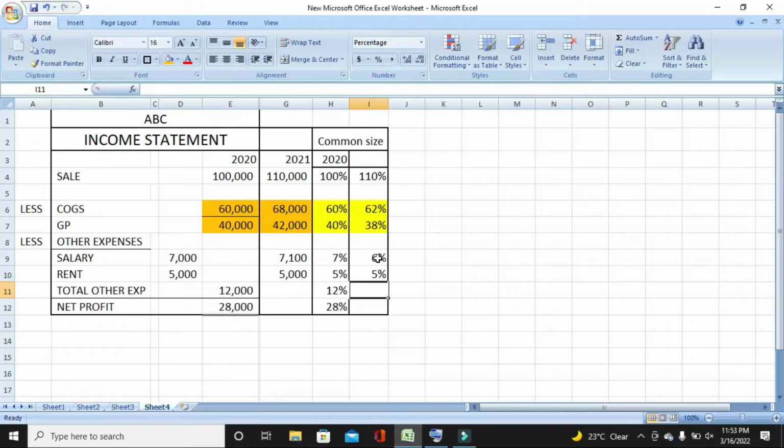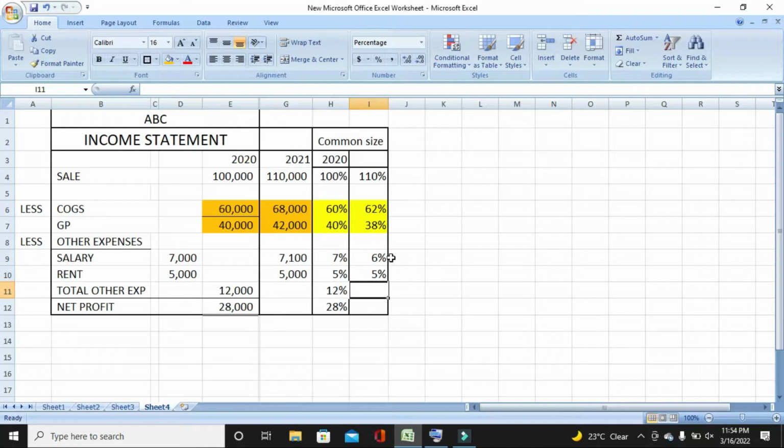This year we have paid 6% of our total sales to our employees.